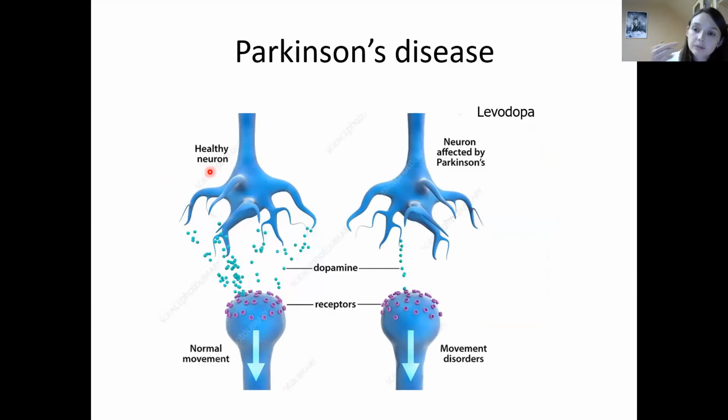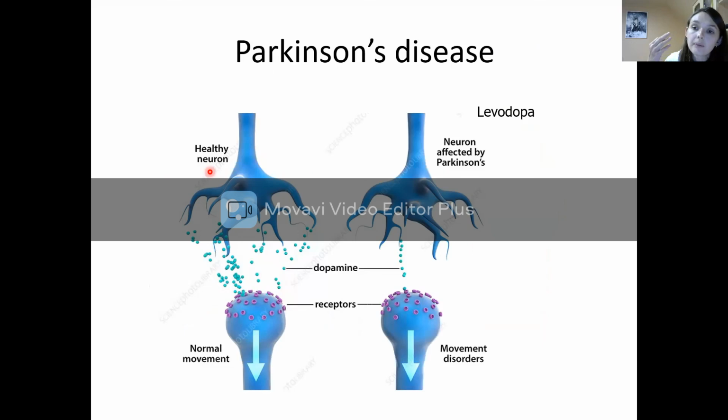It's released by the substantia nigra in the basal ganglia, and it takes part in making your movement coordinated and appropriate.